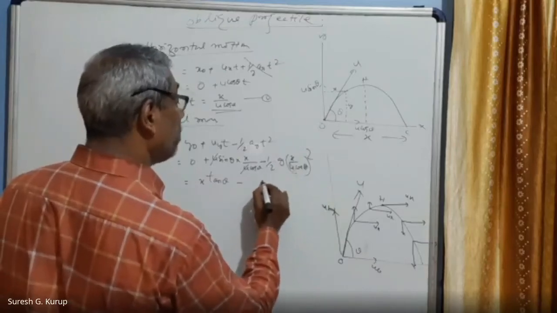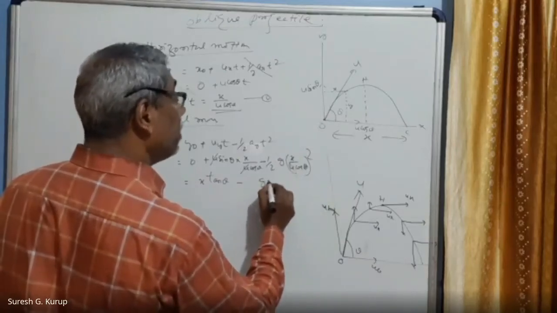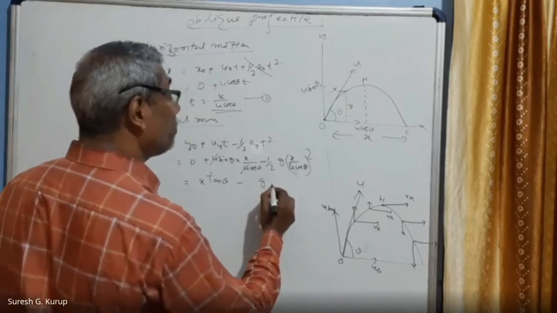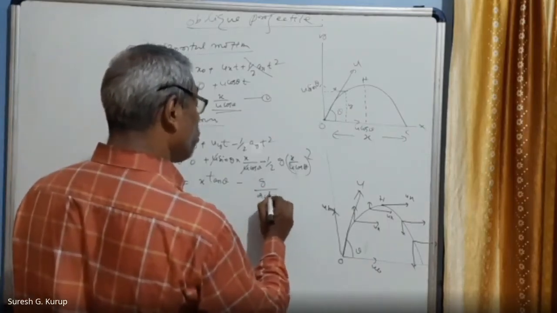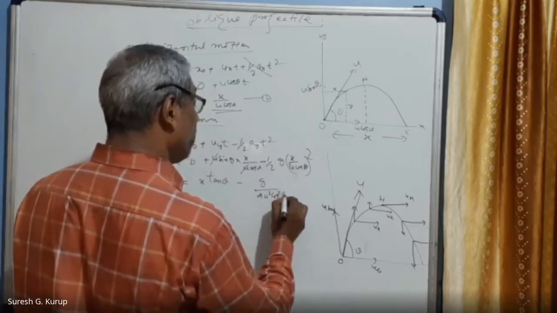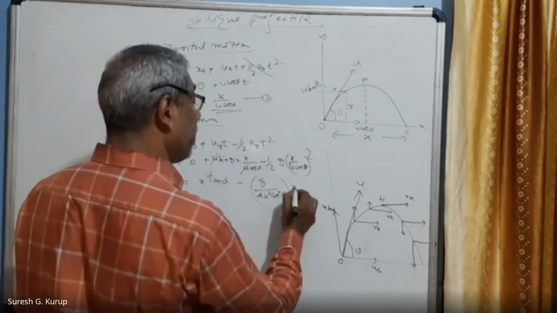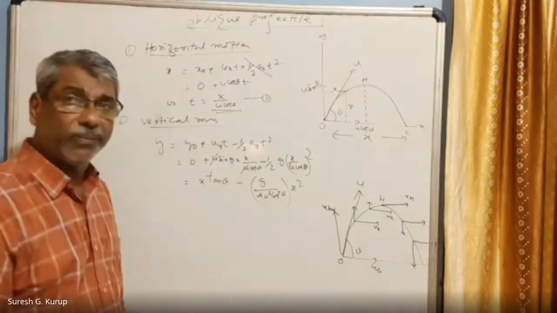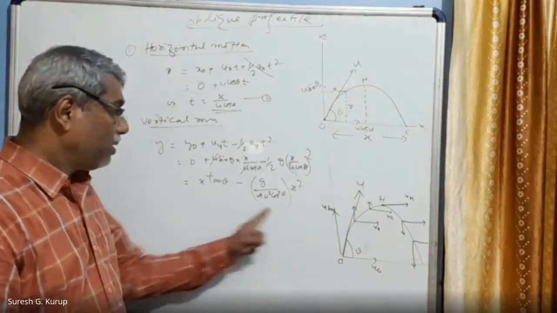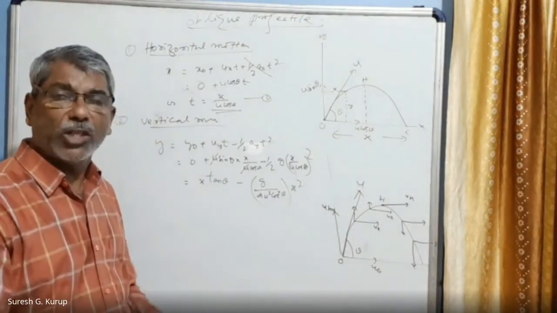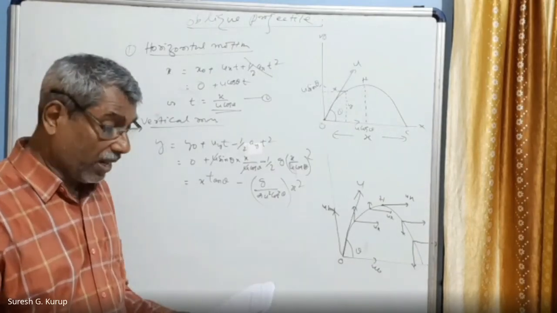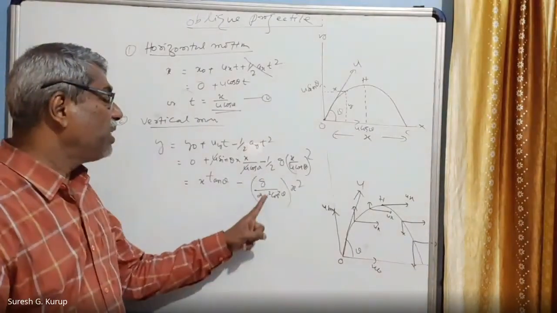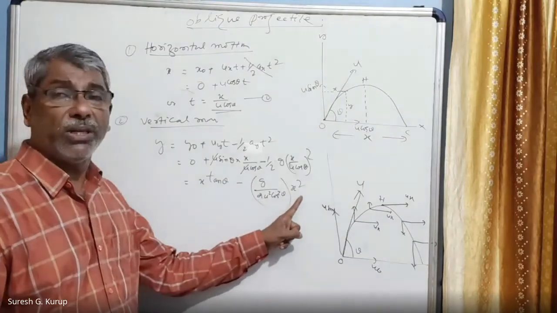That is g divided by 2 u square cos square theta into x square. So this is an expression for the body in the vertical direction: x tan theta minus g divided by 2u square cos square theta into x square.